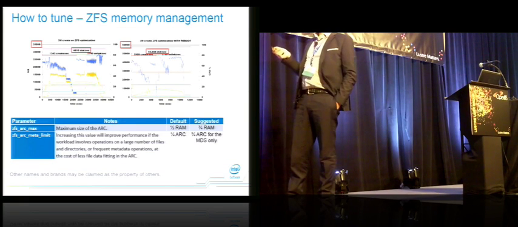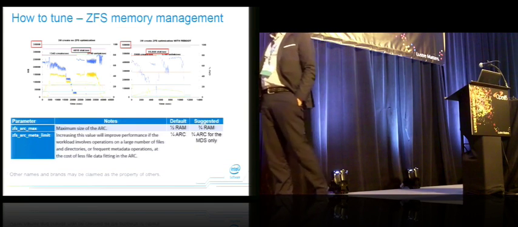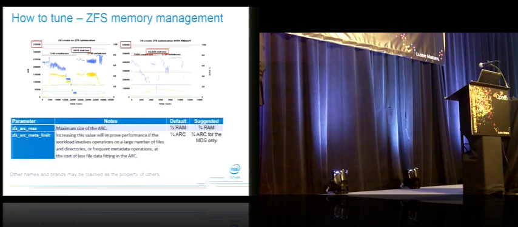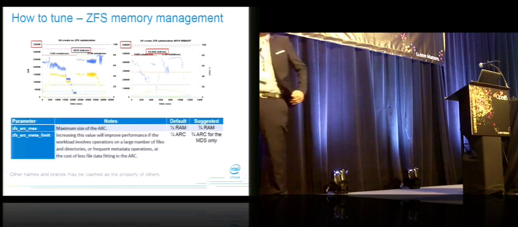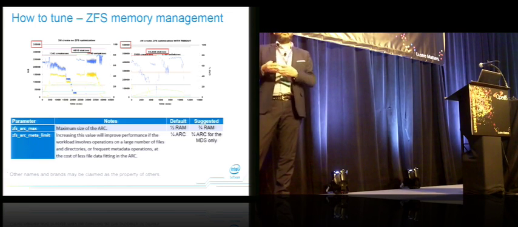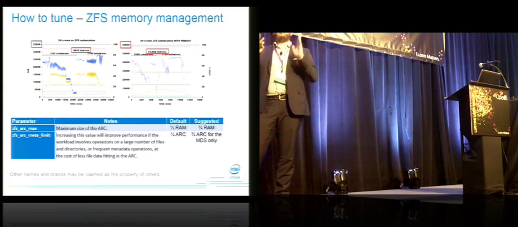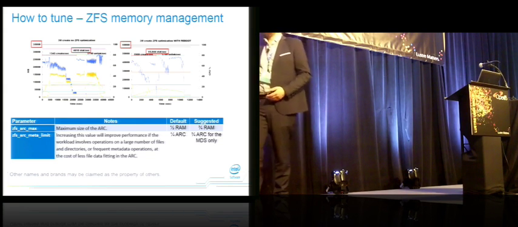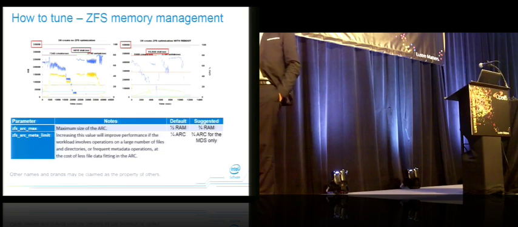Another important thing to tune is the memory, because, for example, the memory used for ARC is only half of the RAM. But if you are designing a ZFS storage server that is running only ZFS, we can increase the ARC memory. And also the memory for metadata activity is only 1/4 of the ARC by default.